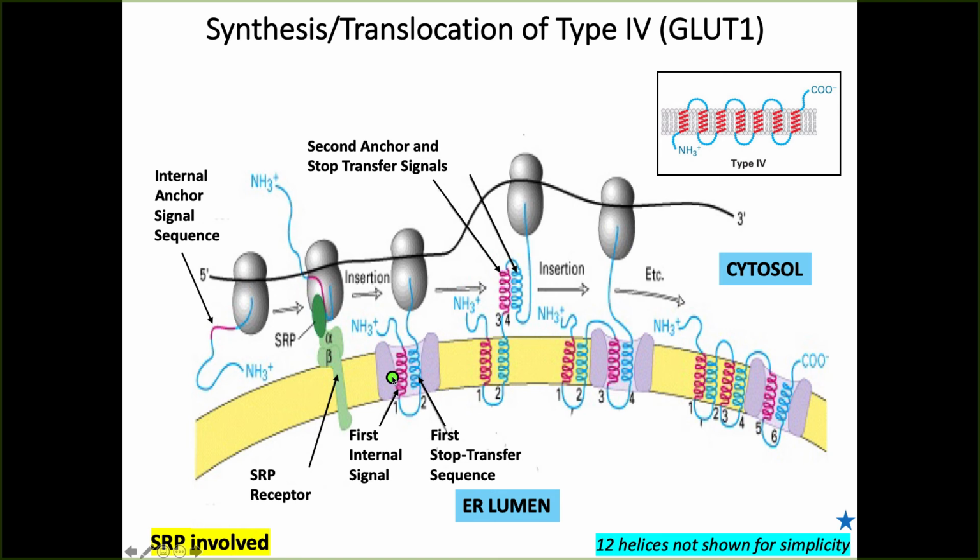That means it binds to the SRP and brings it to the endoplasmic reticulum and then inserts into the translocon. Then it starts synthesis again and synthesizes the second transmembrane part, which is a stop transfer sequence. At that time, the ribosome stops. It doesn't transfer the sequence after this sequence.